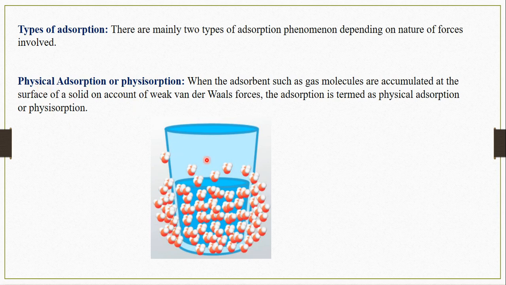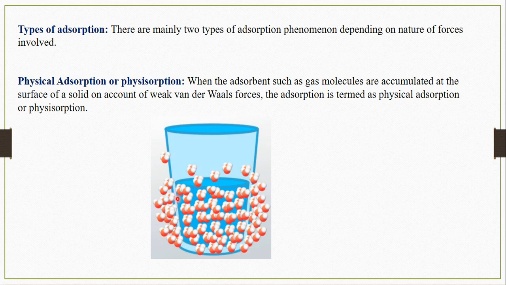What can we say about physical adsorption? When the adsorbate, such as gas molecules, the different gas molecules, accumulate at the surface of a solid on account of weak van der Waals forces, such adsorption is termed physical adsorption.